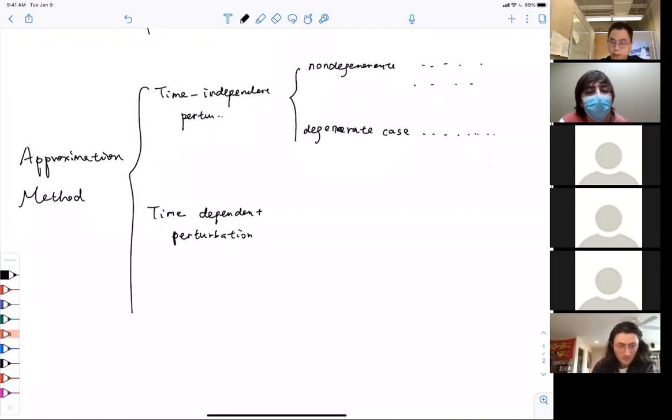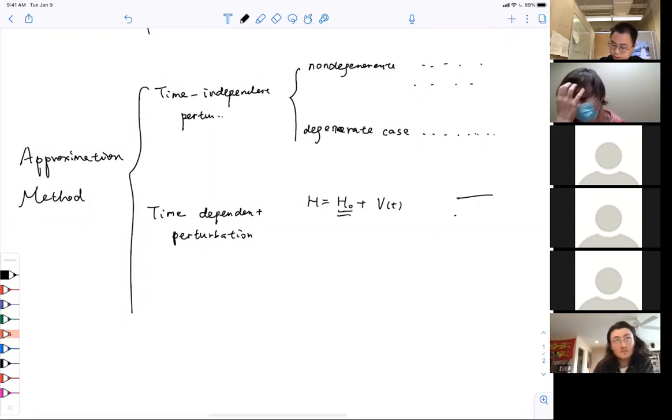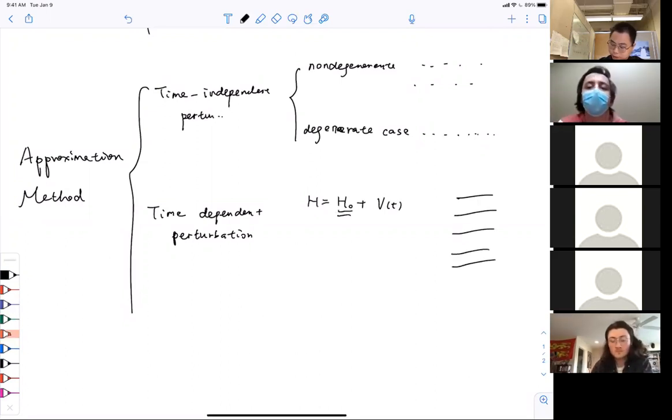The general question we ask is: we have some original Hamiltonian H0, and we have some external drive, which is V(t), a function of t. This is the original energy levels. Assuming, for example, we initialize our state in some state n, we would like to say what's the transition amplitude from n to another state i, right?